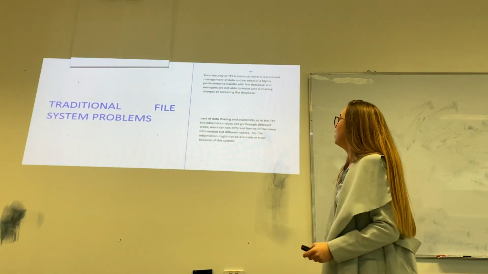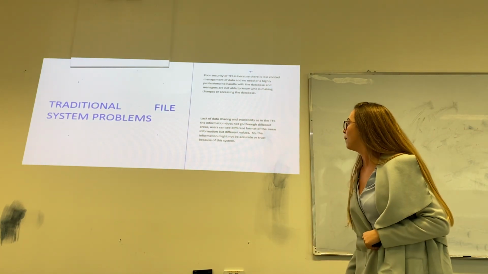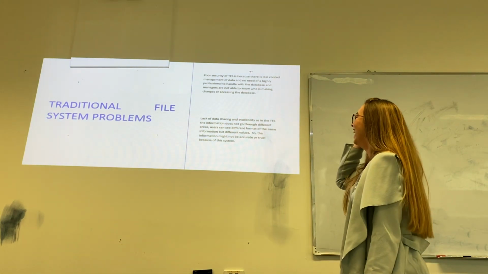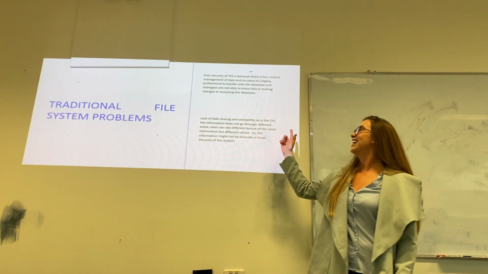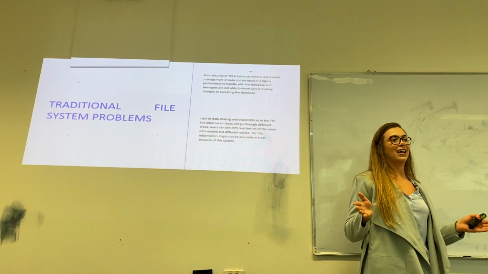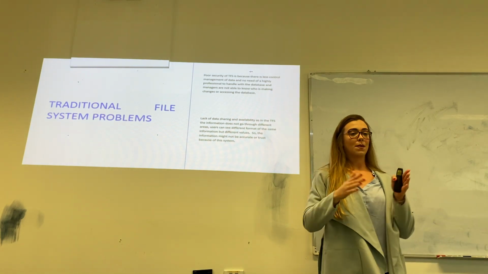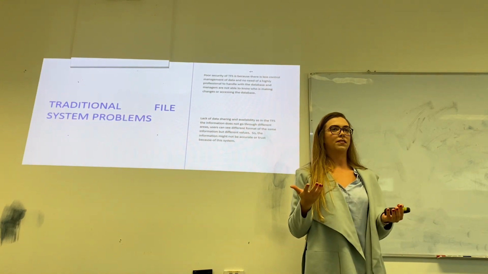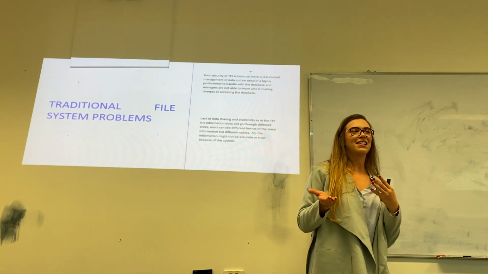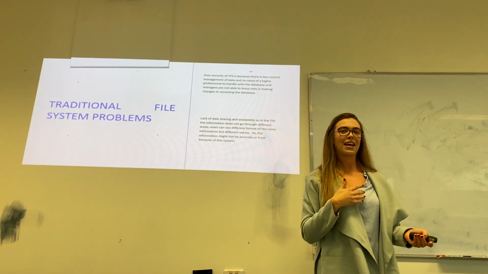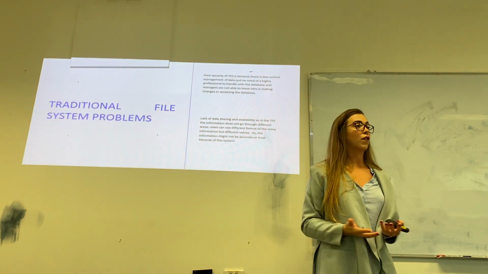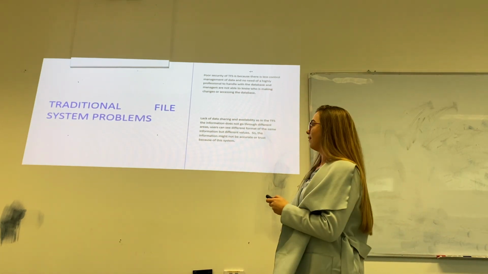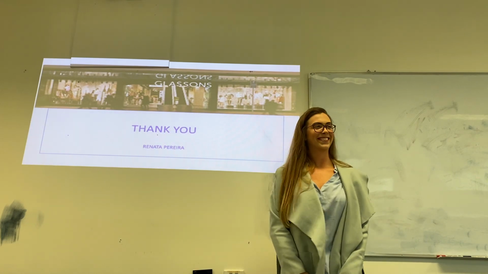The lack of data sharing and availability is because, as I said, the information goes through different departments, so the same information can be duplicated, and then it's not accurate. Then you wonder, can I trust this, or is it a duplicate, or is it different information? So sometimes you can just have this problem. And that's all that I have to say.